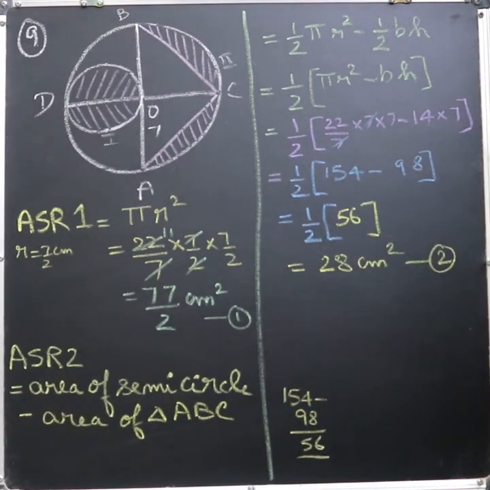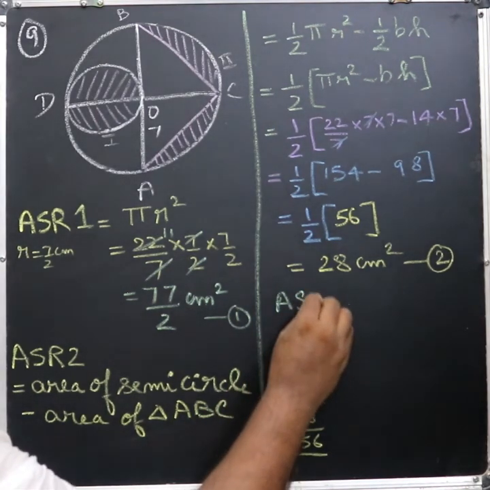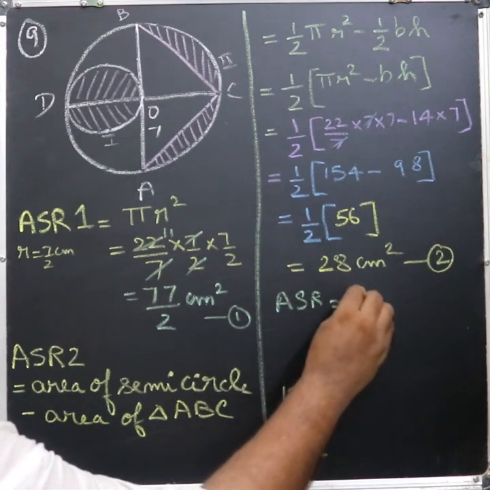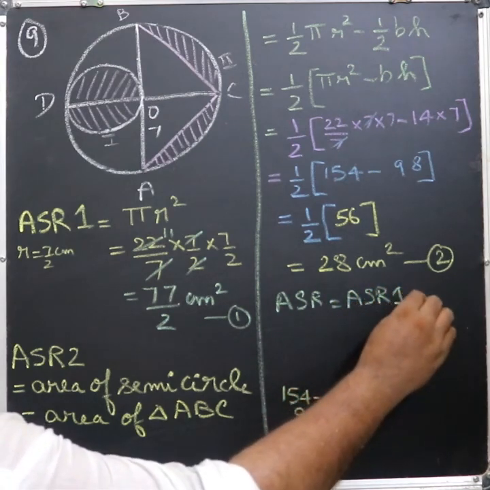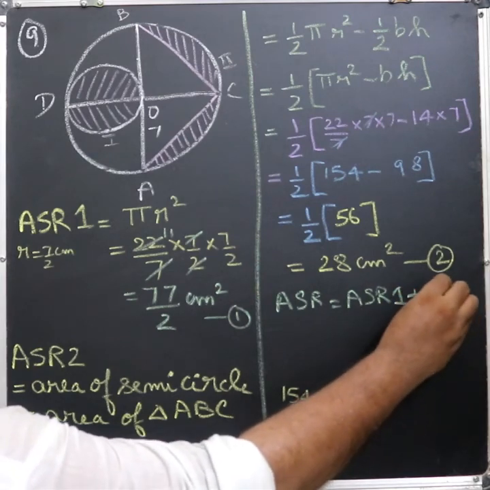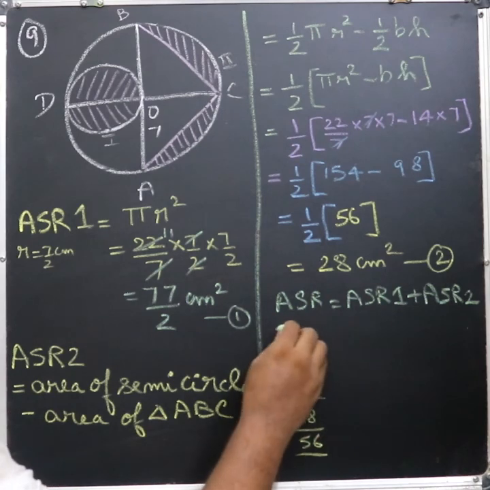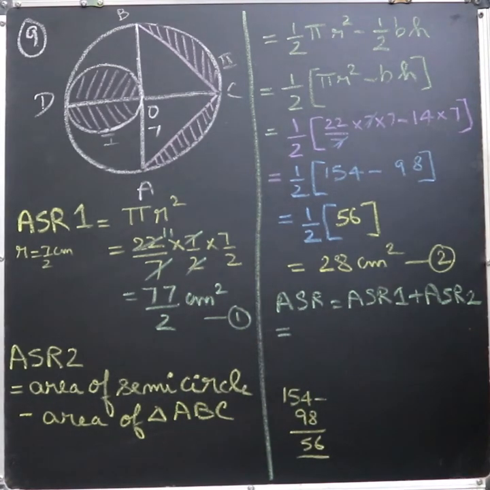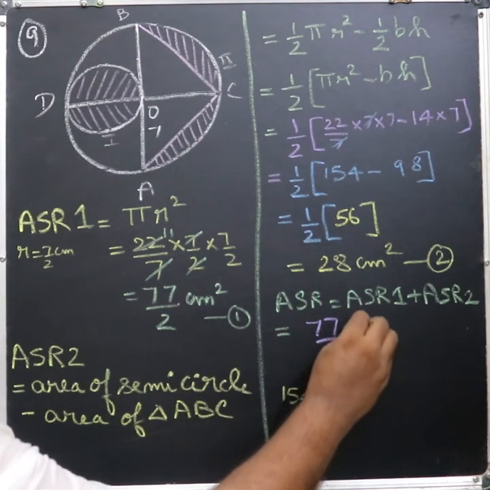Now the total area of shaded region is going to be area of shaded region 1 plus area of shaded region 2. So when you add both the answers, you are going to get the first answer we found, 77 by 2, plus 28.